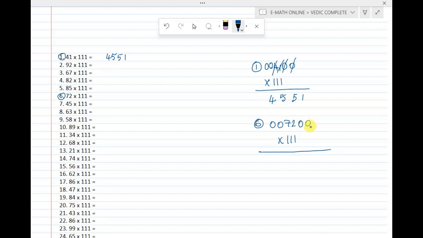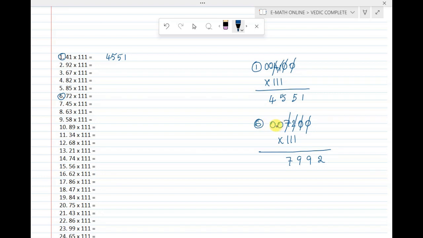So 2 plus 0 plus 0 will be 2. The 0 got cancelled. Next, the last 3 digits: 7 plus 2 plus 0, which is 9. Cancel the 0. Again add the last 3 digits: 0 plus 7 plus 2, again 9. Cancel the 2. Last 3 digits: 0 plus 7, which is 7. 7 is cancelled.